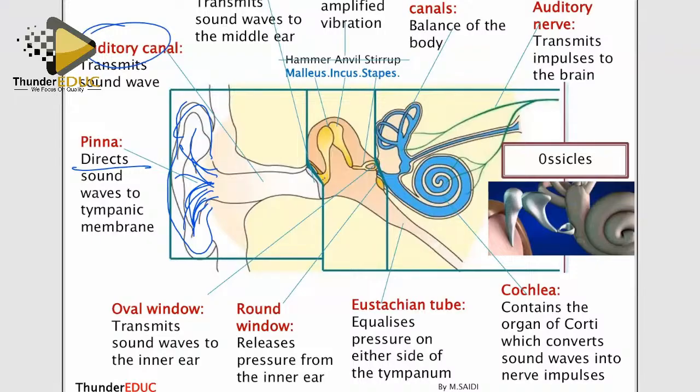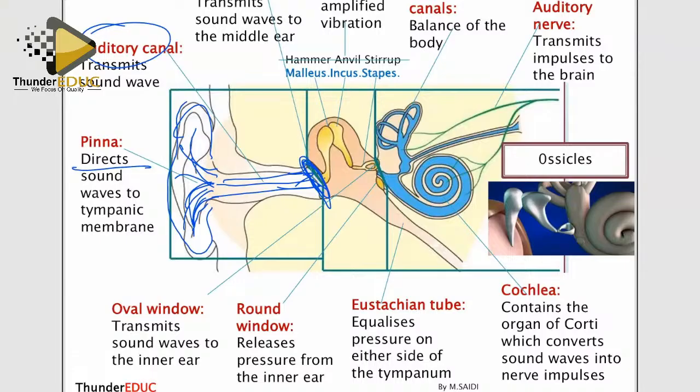Then the auditory canal will transmit this sound wave so that it hits the tympanic membrane. The tympanic membrane will vibrate, like you beating a drum. And when it vibrates, the vibration will be transmitted by these three bones.